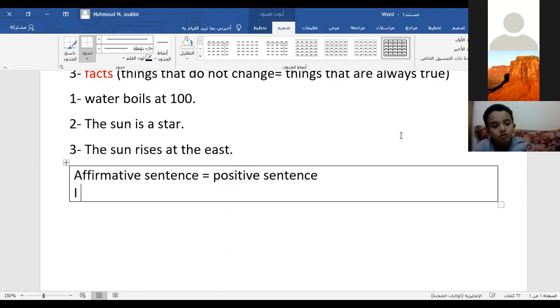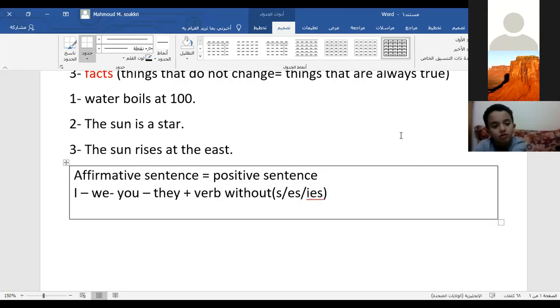With I, we, you, and they, you put the verb without s, without es, without ies. For example, I play.